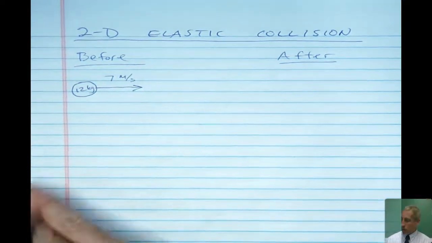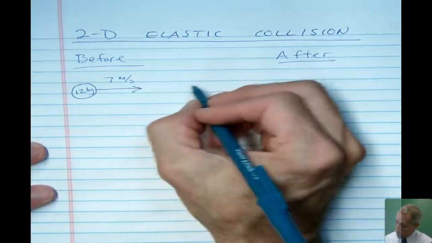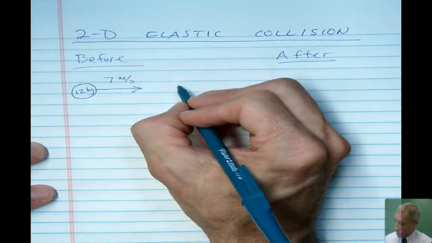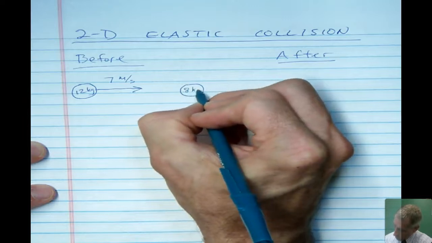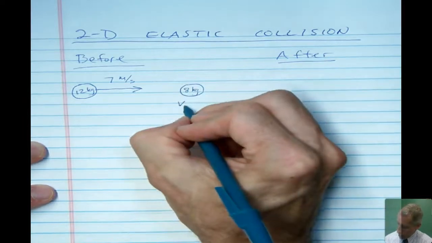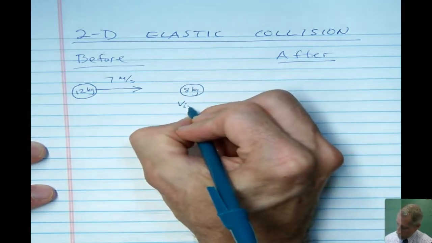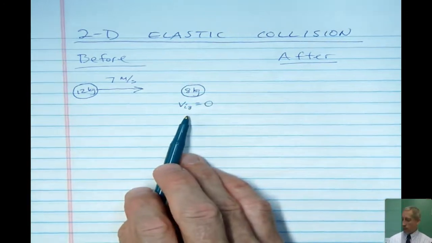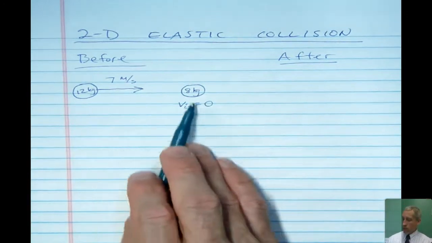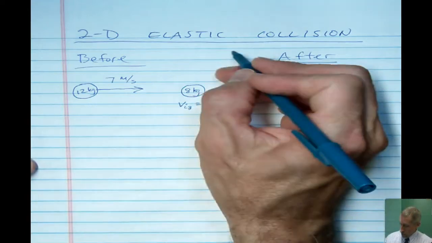Now this could really be any orientation. And the other object can be an 8-kilogram object that's just sitting there ready to be struck. So I could even write V initial sub 8 equals 0. I use little subscripts a lot of times to show specifically which object I'm referring to.